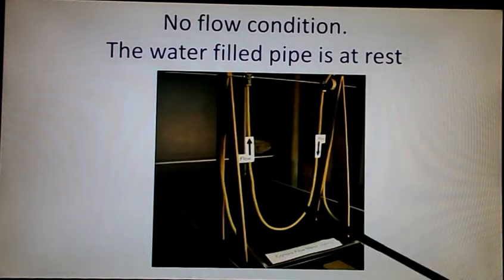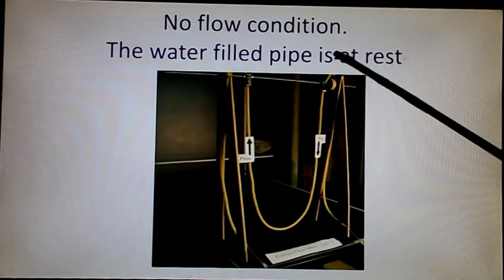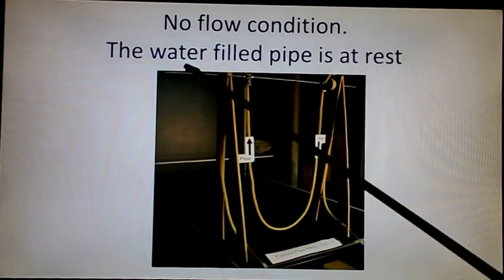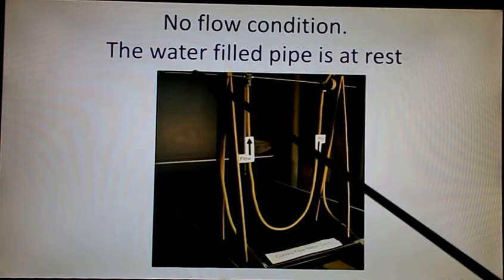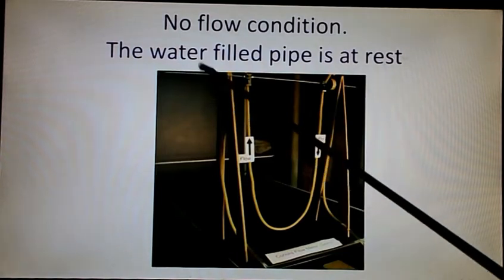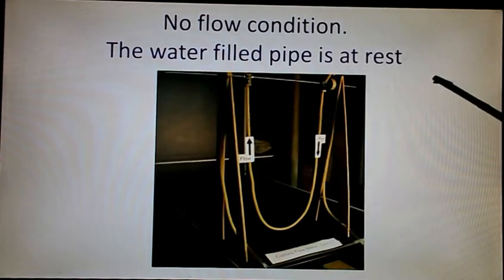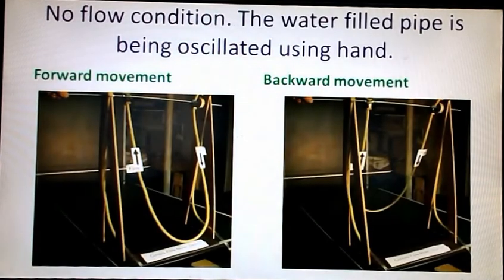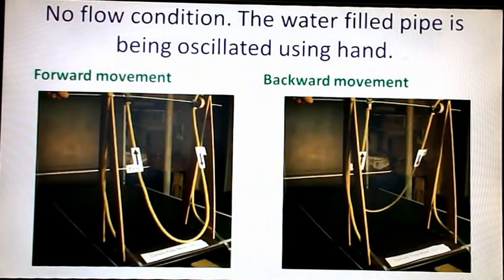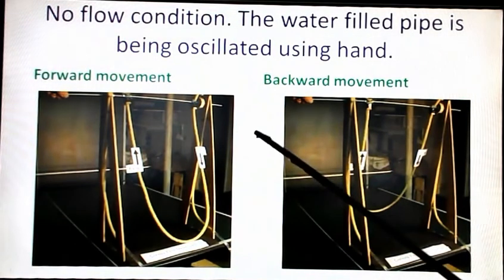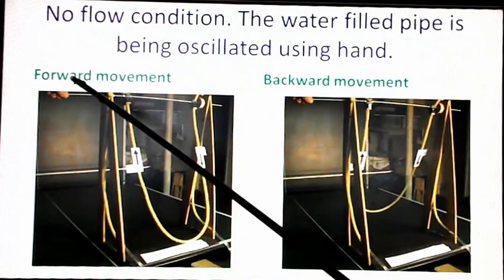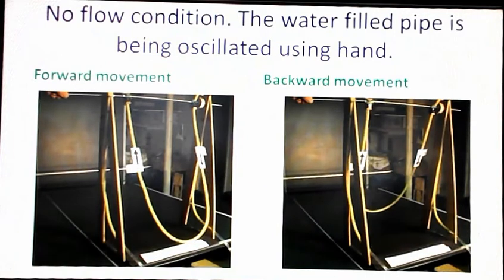This is forming a U-tube swing, and the U-tube swing can be rotated with the help of this stainless steel rod. To begin with, the water-filled pipe is being given forward movement and backward movement.